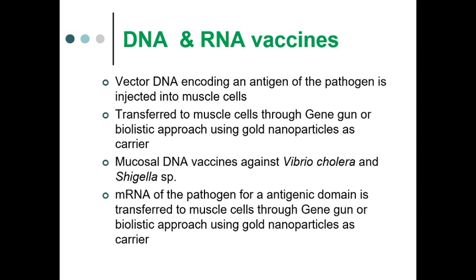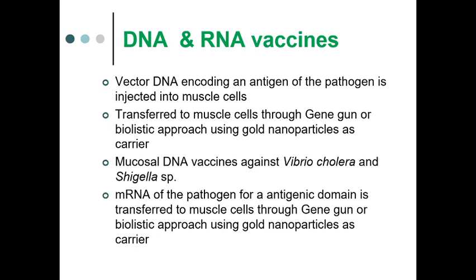And that DNA which has been identified, which is the actual gene of a particular antigen, is coated on gold nanoparticles and inserted or transferred into the muscle cells of a target host by gene gun approach, which is called the biolistic approach.